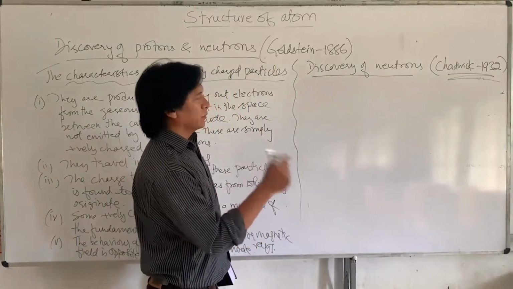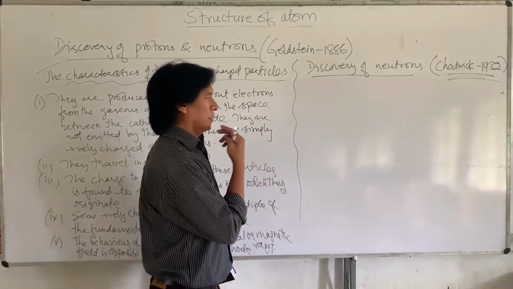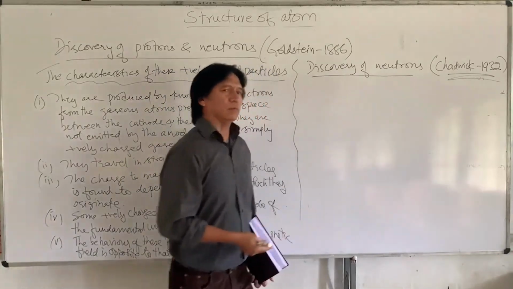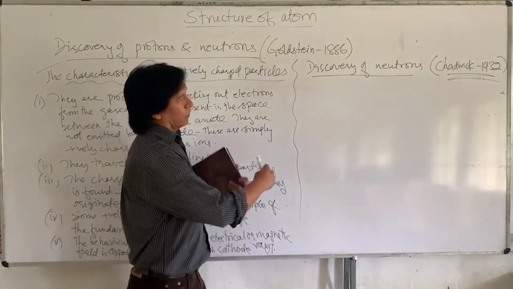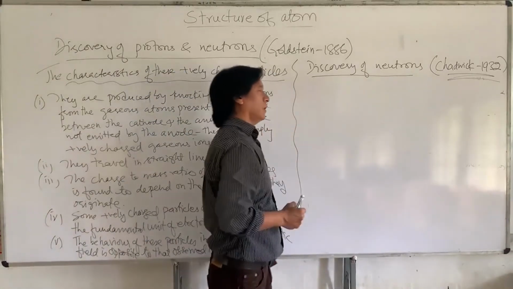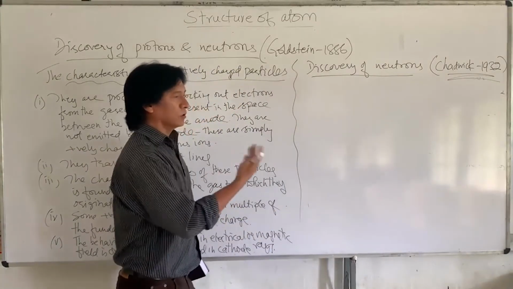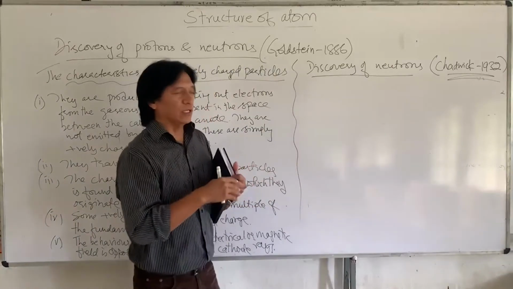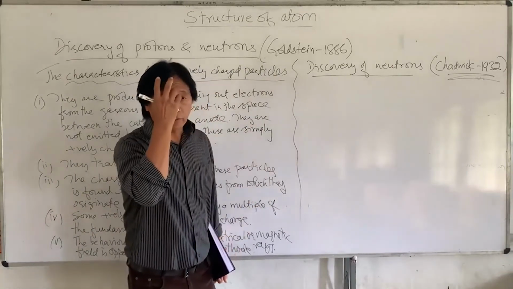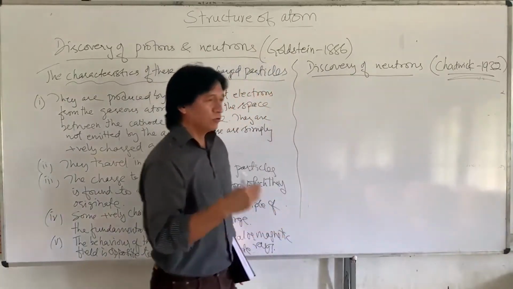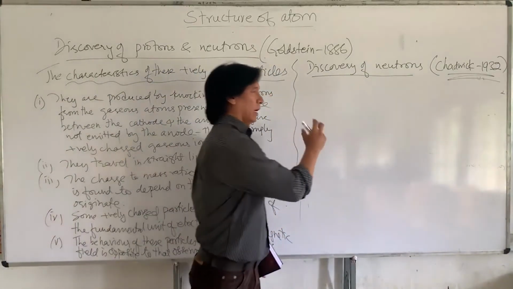When they considered only the mass of the electrons and the protons, it was not matching with the overall mass of the atom. So they very much felt the need for the existence of some other neutrally charged particle in an atom.